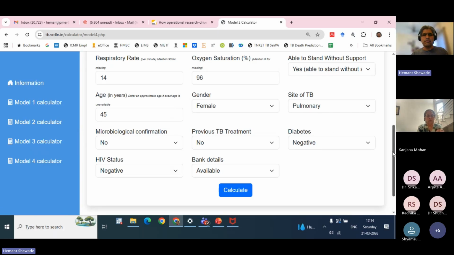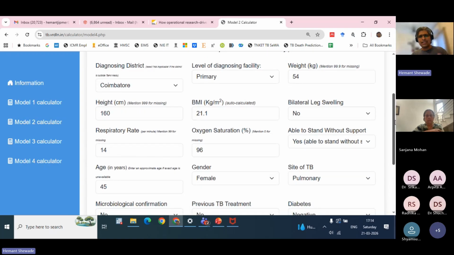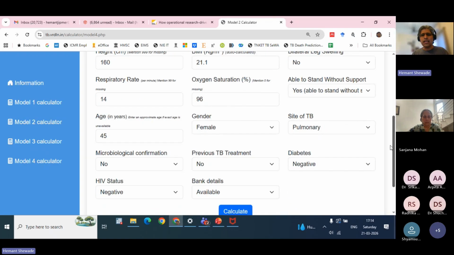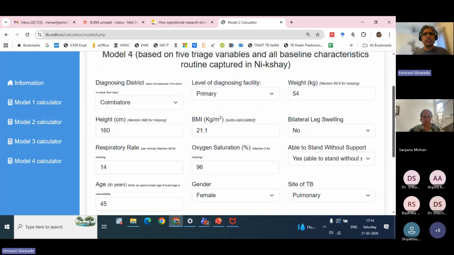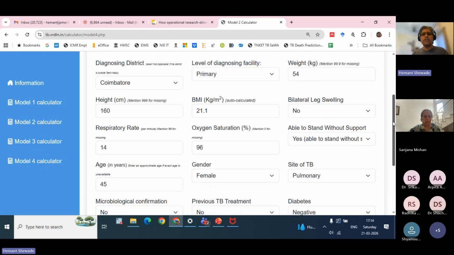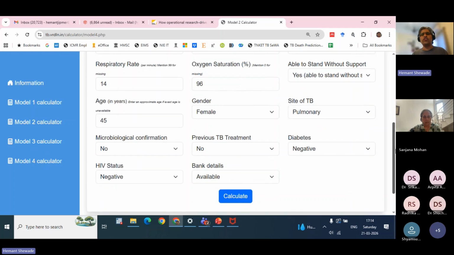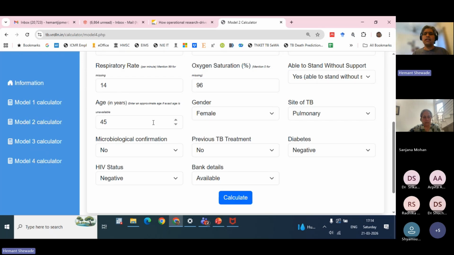So let us see. We have entered some data here, which indicates a patient who doesn't have high risk: someone diagnosed in Coimbatore, primary level facility, BMI of 21, no leg swelling, respiratory rate of 14, saturation 96, able to stand without support, 45 years, gender female, pulmonary TB, microbiologically not confirmed, no previous treatment, not having diabetes or HIV, and bank details are available.